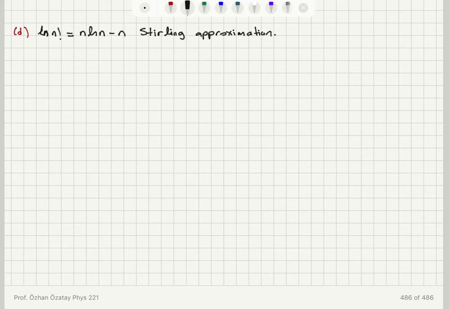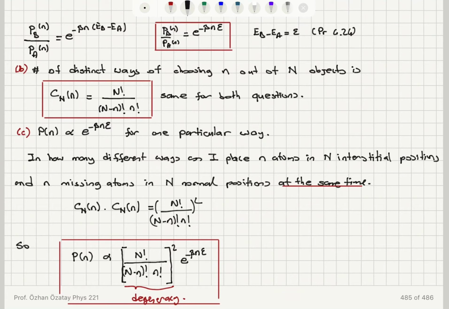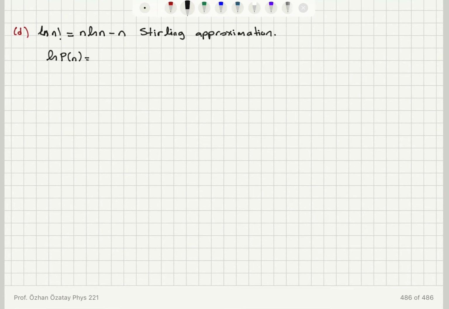Now, if I take the natural logarithm of the probability distribution of n, basically I can write this probability distribution as a constant c times capital N factorial over n factorial times capital N minus n factorial, squared, times e to the minus beta n epsilon. Now I'm taking its natural logarithm, so I get the natural logarithm of the constant c.